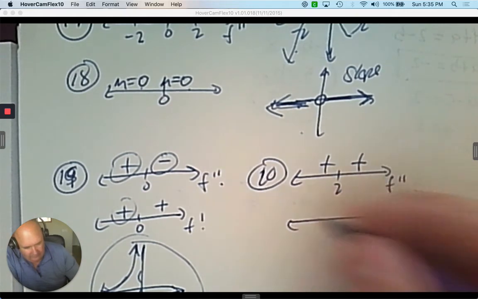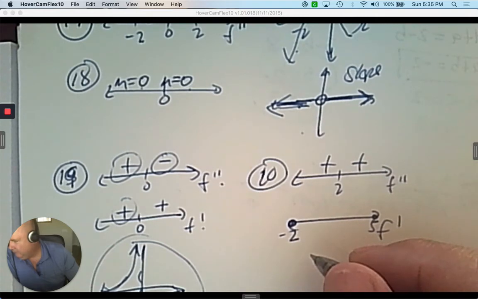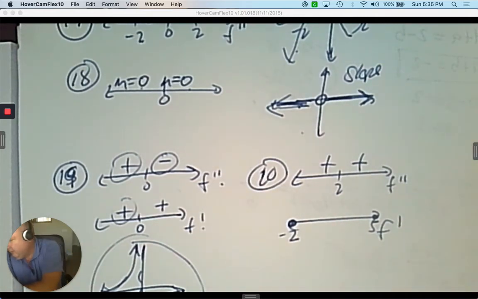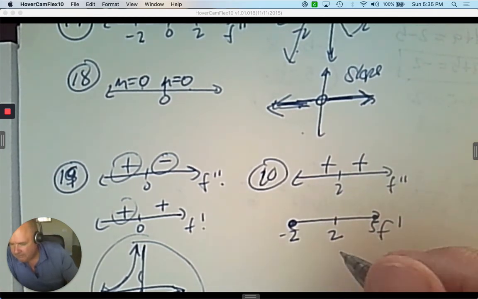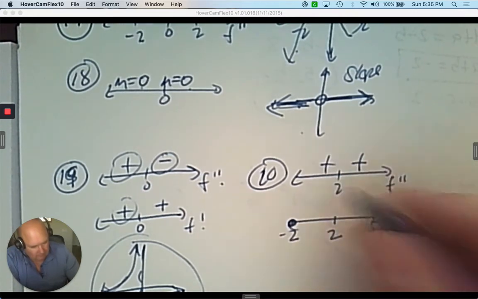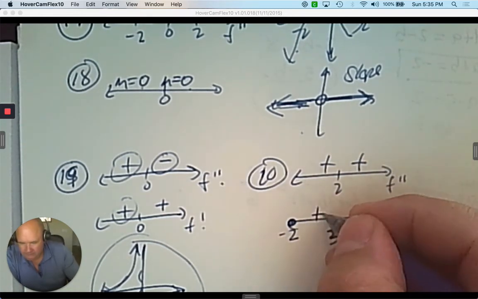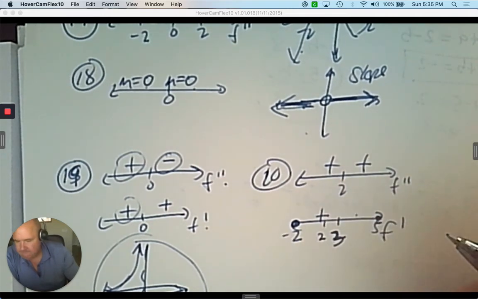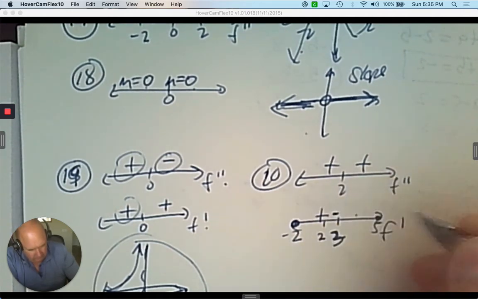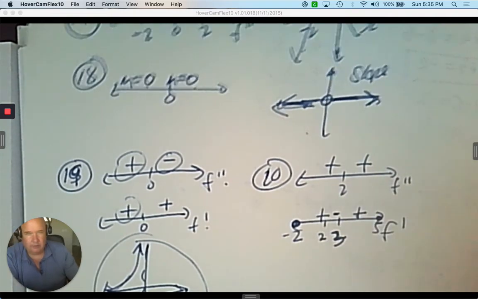I see one at -2, and going from -2 to 5, there is an x-intercept at 3. Two is on here because it's undefined. From 2 to 3 it's below, and from 3 on it's above. So positive, negative, positive. Those are the numbers I'm looking at.